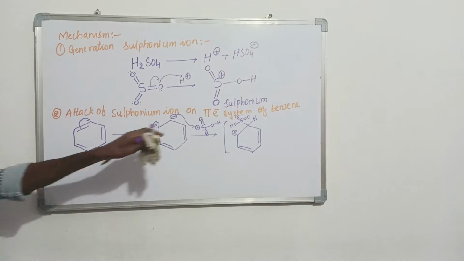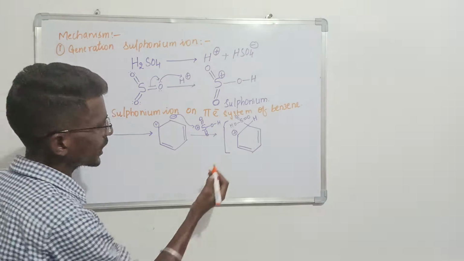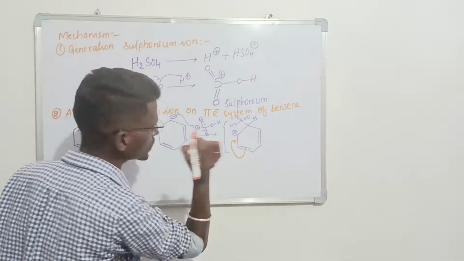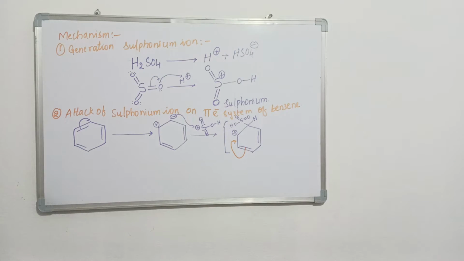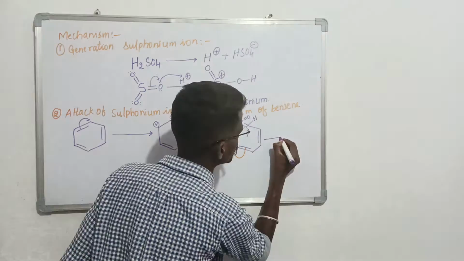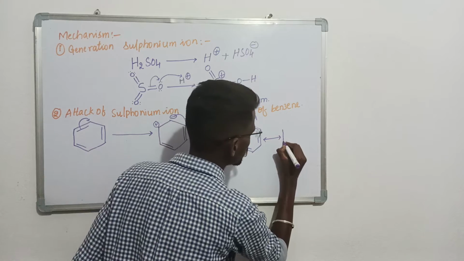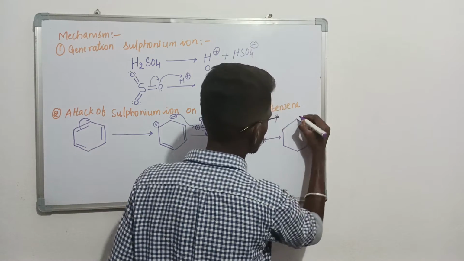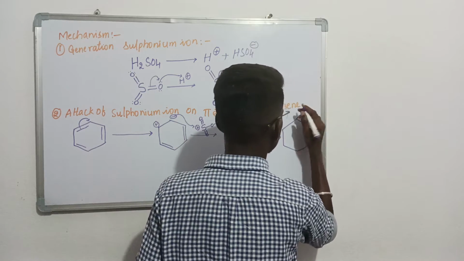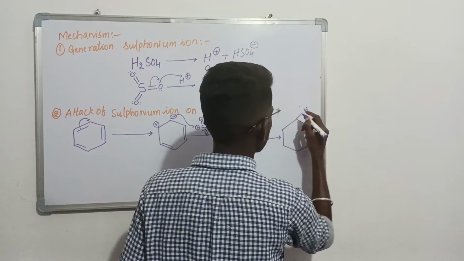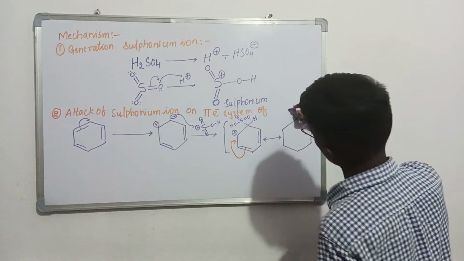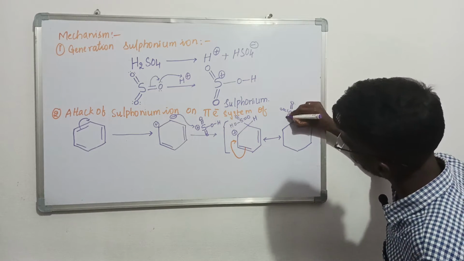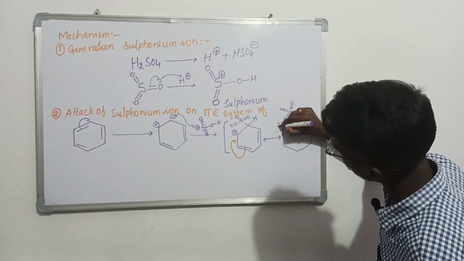To neutralize this positive charge, these electrons are shifted towards the single bond, and it is converted into this one, with H and S double bond O, OH over here.